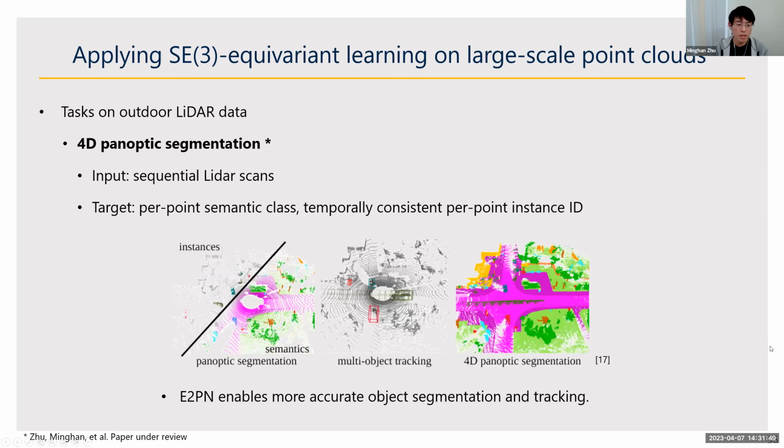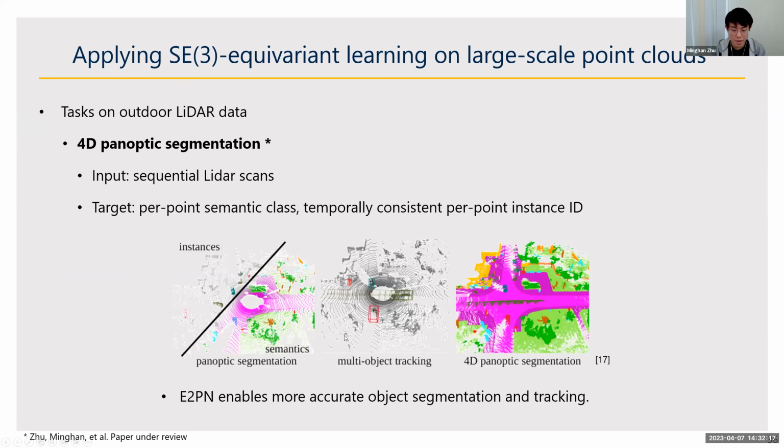And we also have another work done recently. That is panoptic segmentation on LiDAR point clouds. This task is more of a semantic computer vision task. That is to take sequential LiDAR scans taken by a vehicle, for example, a driving vehicle. And then the target is to provide per-point semantic classes and a temporally consistent per-point instance ID.